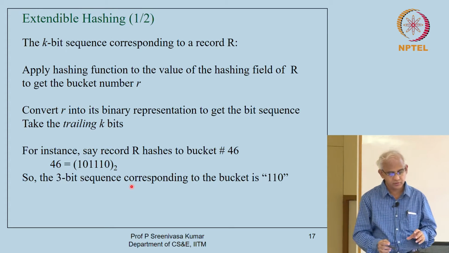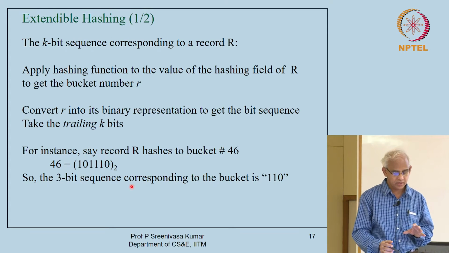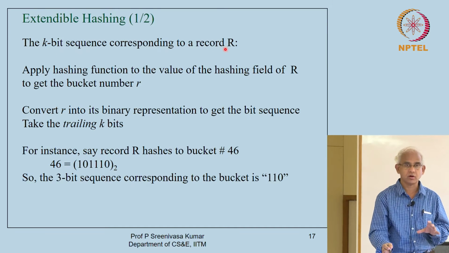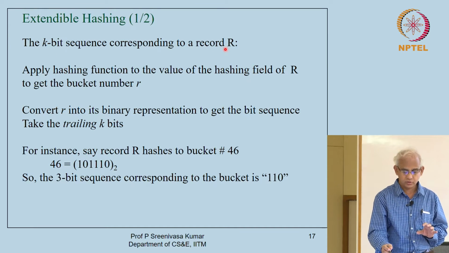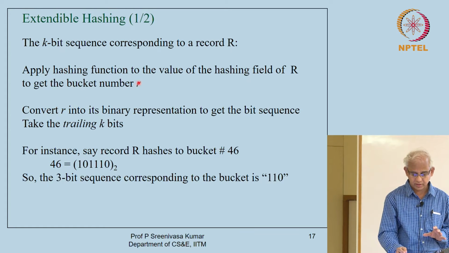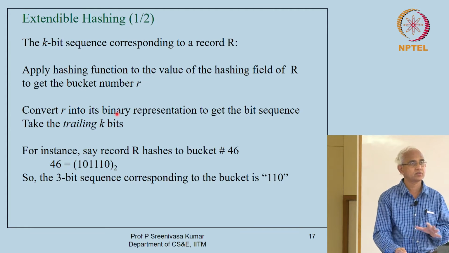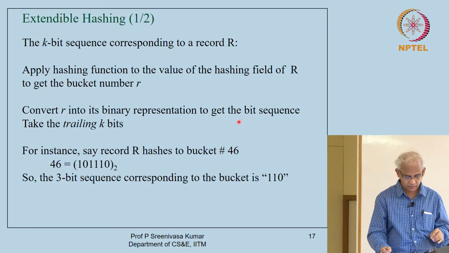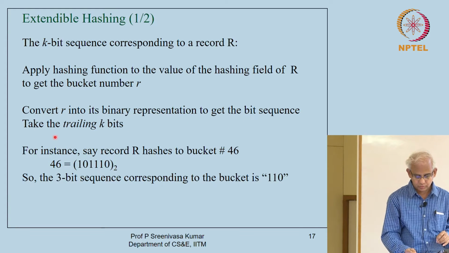Before I proceed with extendable hashing, let me set up what I call a k-bit sequence corresponding to a record R. You take a record R, apply the hash function to the hashing field of that record, and you get a bucket number. Convert that bucket number into its binary representation, and you get a bit sequence with some n number of bits.